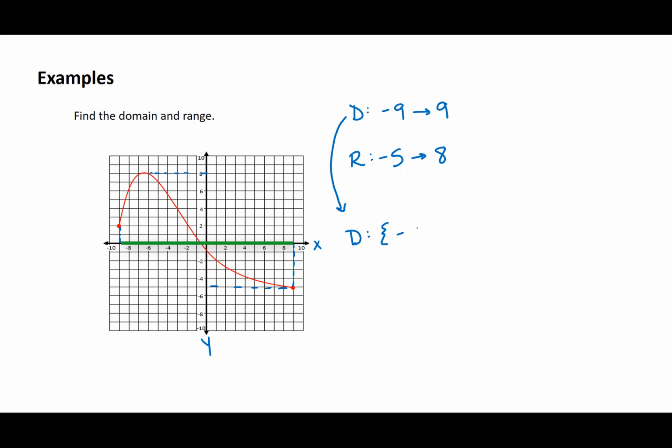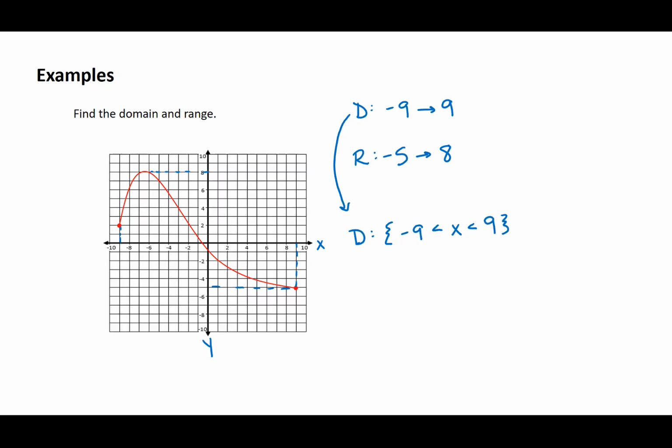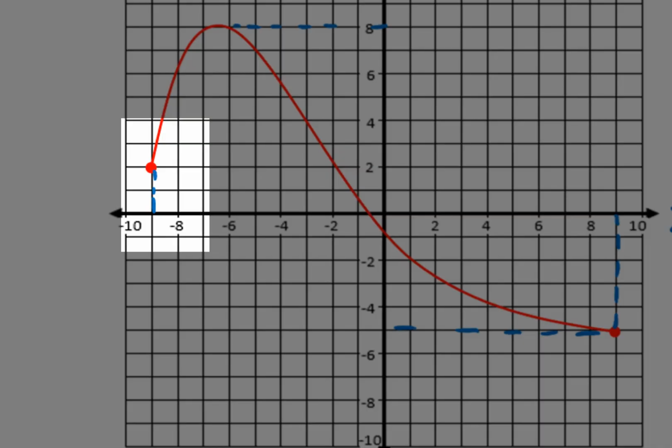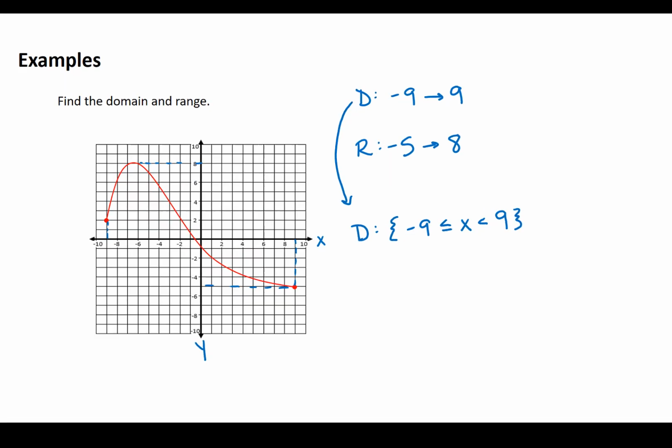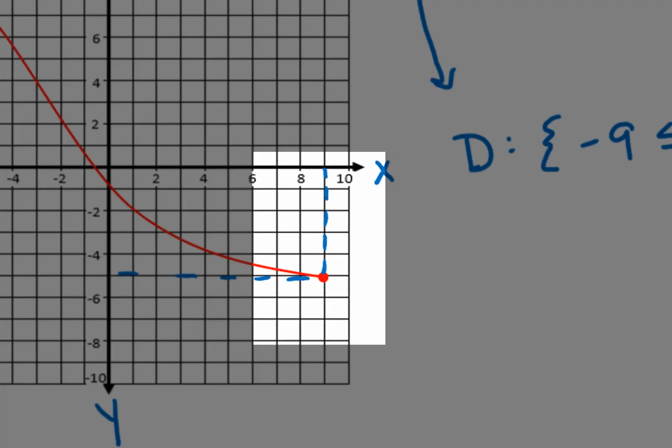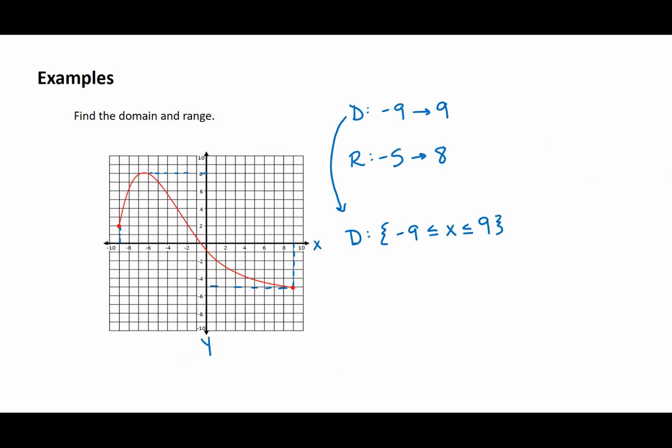My lowest is -9 less than x less than 9 in your squiggle brackets. Remember, this says x is between -9 and 9. You just have to ask yourself, is -9 included and is 9 included? Well, when I look at my graph, I see I have this dot and it's closed, so that means it's included, so I need the equal to sign. And on the other side, I have a dot and it's also included at 9, so an equal to sign.